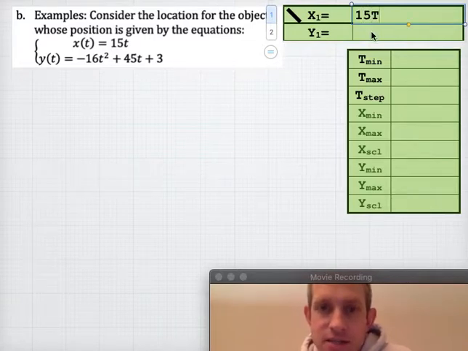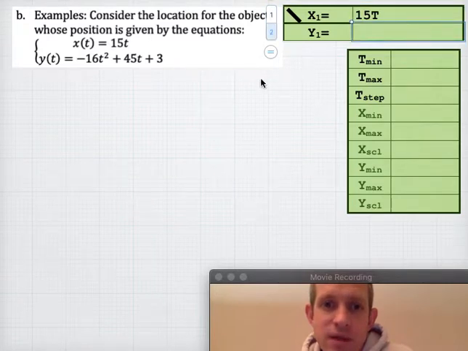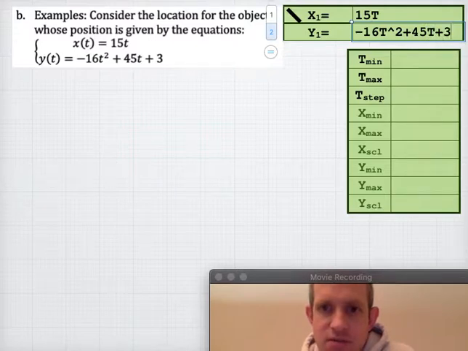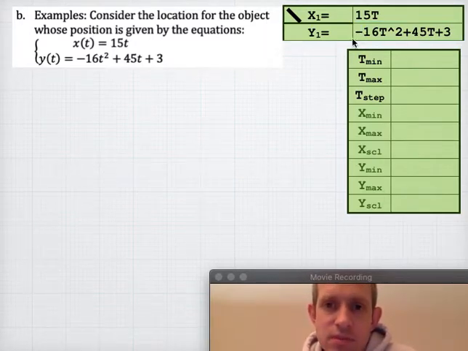Again, to get that t, press the X,T,theta,n button that you normally press for an x. And then for the y equals, we'll type the negative 16t squared plus 45t plus 3. Be careful that you use the negative sign instead of the minus sign. My computer can't make it look like a negative sign, but that might cause an error later.